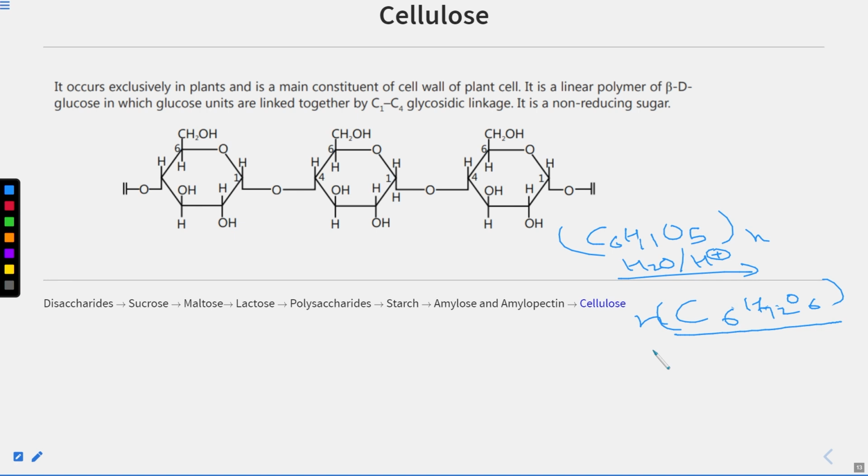Now the type of linkage seen here is a C1-C4 glycosidic linkage. Sorry, this is written wrongly. We will have OH on the upside rather than on the downside.